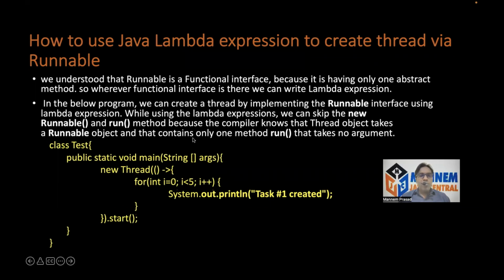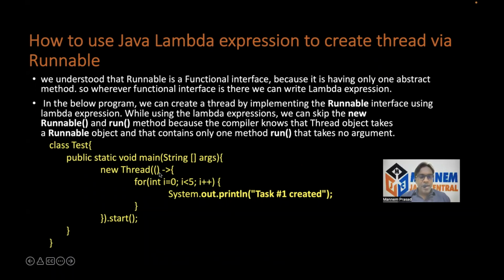In the below program, we can create a thread by implementing the Runnable interface using lambda expression. While using the lambda expression, we can skip the new Runnable and run method because the compiler knows the Thread object takes a Runnable object and that contains only one method, run, that takes no argument. So if you see, I have provided lambda expression implementation, and that implementation I supplied to Thread class constructor.